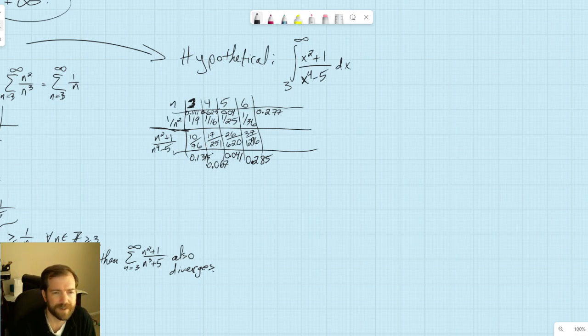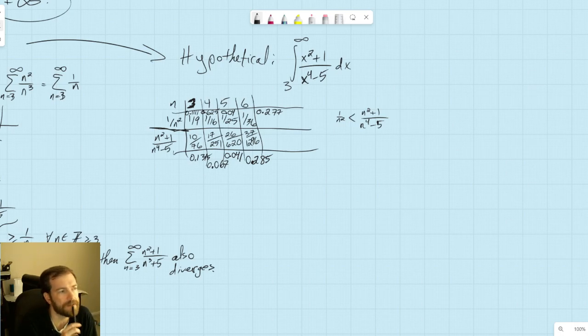In this case, our sum for 1/n², the individual values of 1/n² are all less than the individual values for n² plus 1 over n to the 4th minus 5, which is not helping. So it's not doing anything for us at the moment.